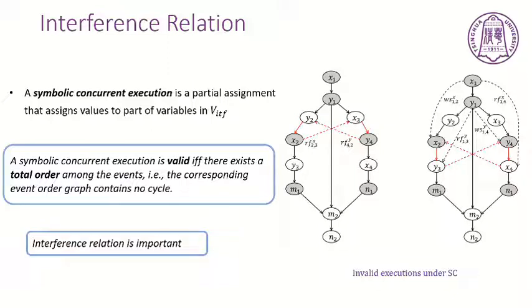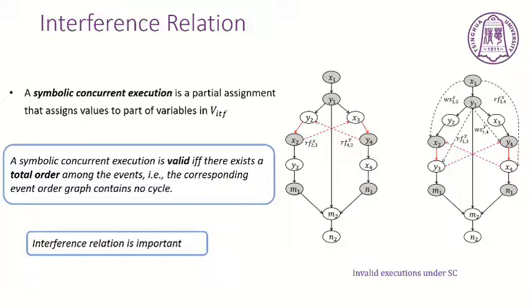So consider the first graph. We know that the read-from relation between the write event x2 and the read event x3, and the read-from constraint from the write event y4 to the read event y2, are decided. Then there is a cycle between y2, x2, x3, y4, and y2. So this cycle means the current decision of the interference variables is impossible in actual program execution.